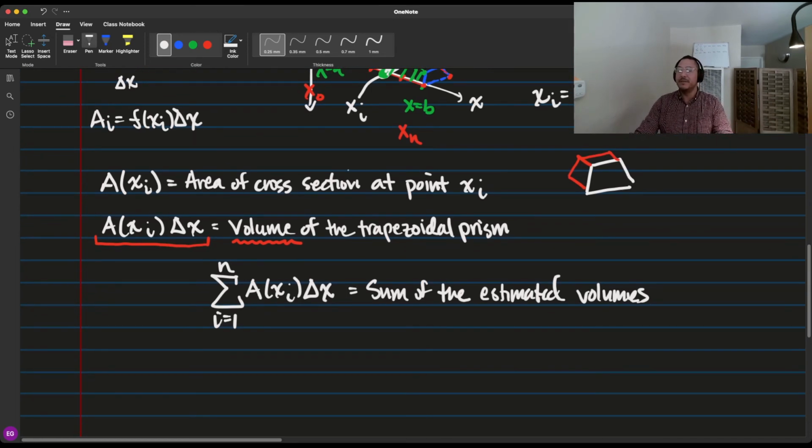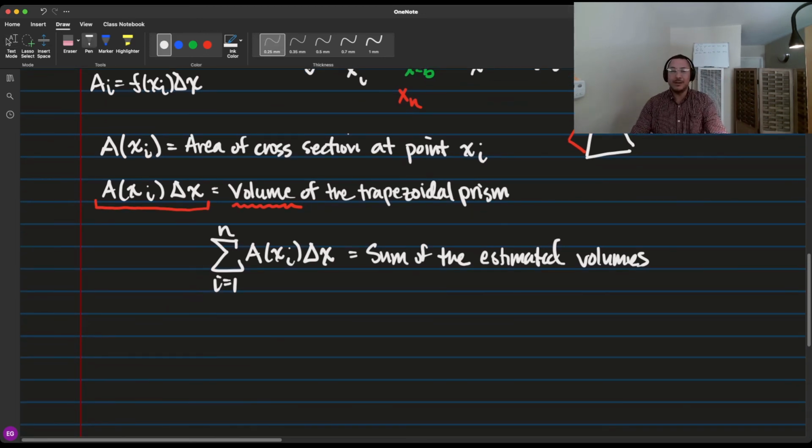So if that's the sum of the estimated volumes, how do you find the actual volume? Take the limit, right? So you'll do the limit as n goes to infinity of sigma i equals 1 to n of A(x_i) delta x.